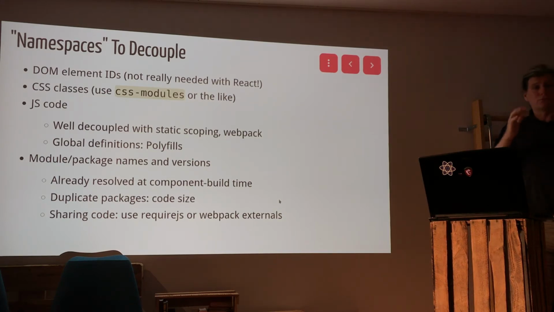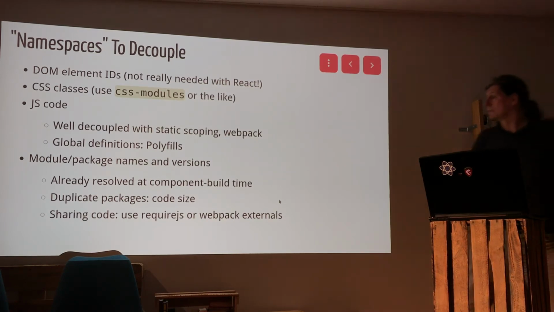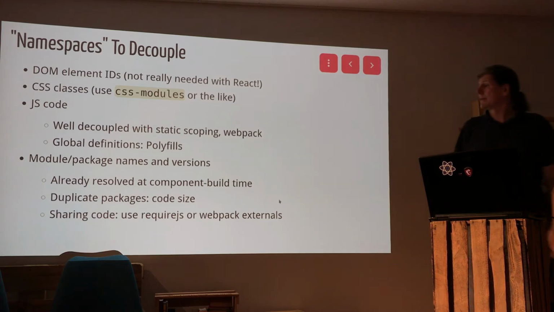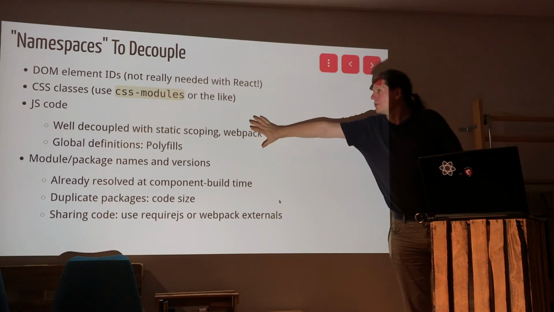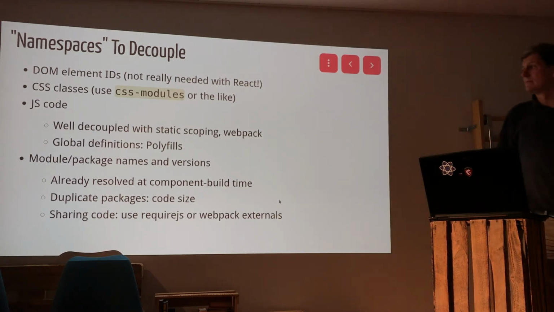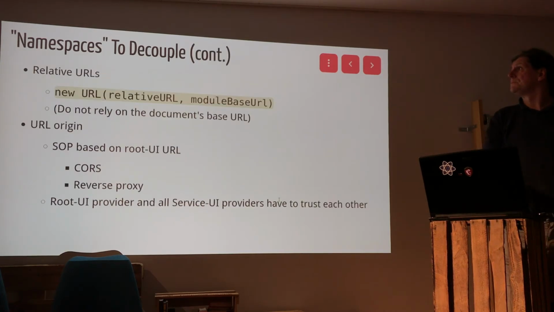Using Webpack for packaging and hiding everything solves this because it's already resolved at build time, so we actually benefit here from JavaScript static scoping. The disadvantage, of course, is that having multiple different versions of libraries increases the code size. We have ideas how to solve this, but they are a bit hacky. For now, it's not yet really a problem.